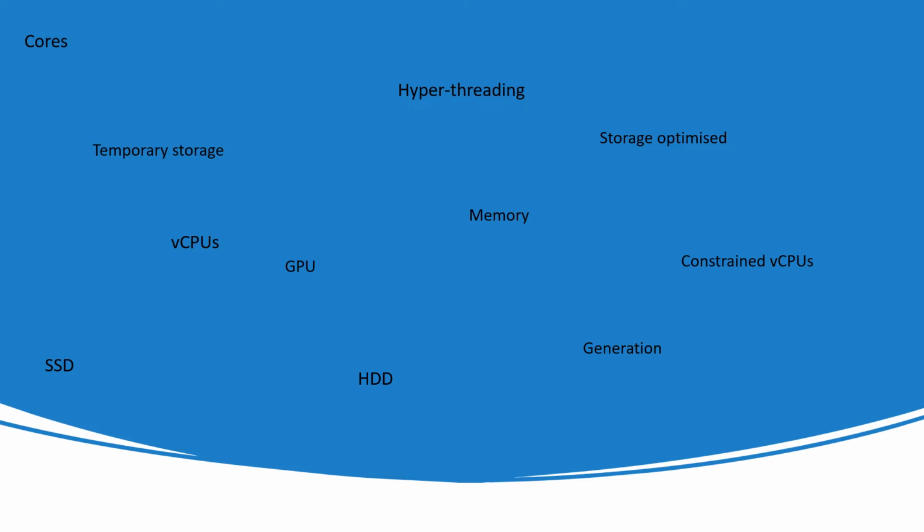These are a few very common keywords which you're going to hear very often: the cores, which come from the CPU, then temporary storage, storage optimized, hyper-threading, virtual CPU, GPU, memory, constrained vCPU, generation, HDD, SSD, and all these options.